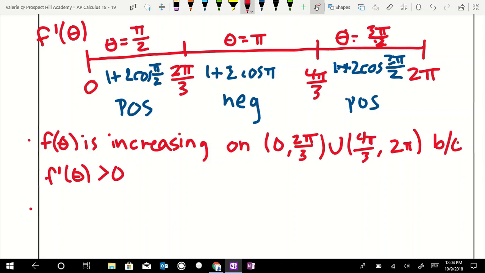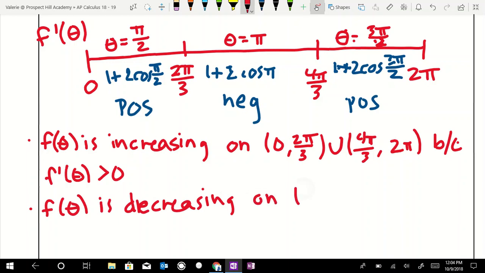Okay, so analysis includes increasing, decreasing, the relative maxes and the relative mins. Okay, so now we're going to look at when f of theta is decreasing. And that is on the interval from 2 pi over 3 to 4 pi over 3. And that's because f prime of theta is less than 0.